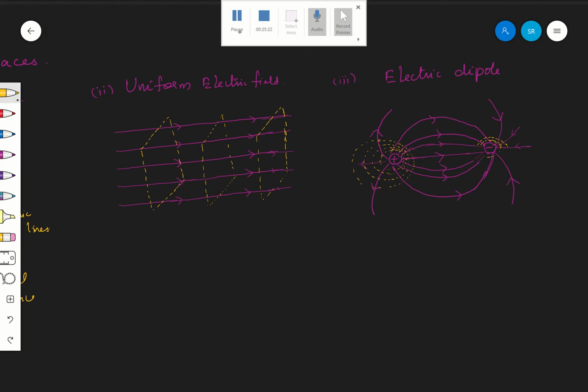So this is how you have to draw. I can show you ready-made pictures, but I prefer showing how I am drawing. Otherwise I have so many PowerPoint pictures, but I feel that this will be better. So I'm taking some time.